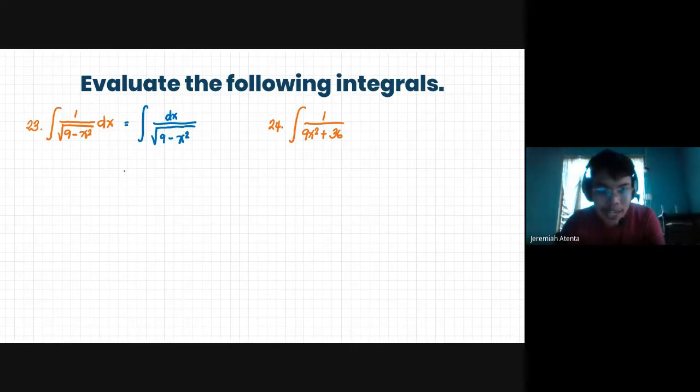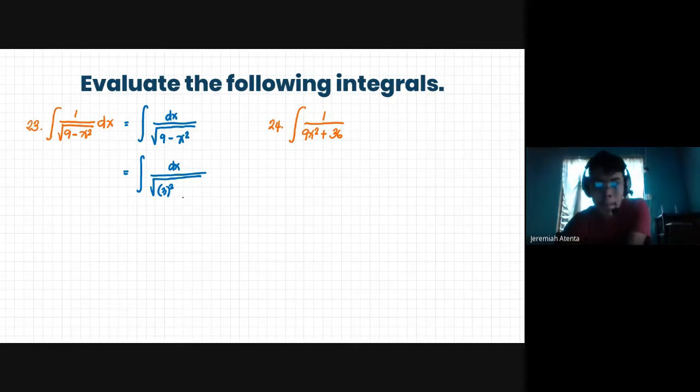So we can rewrite this as the integral of dx over the square root of 3 squared, because 9 is just 3 squared, minus x squared. From that, we have a equal to 3 and u equal to x. So therefore, we can answer this easily because we have a and x.